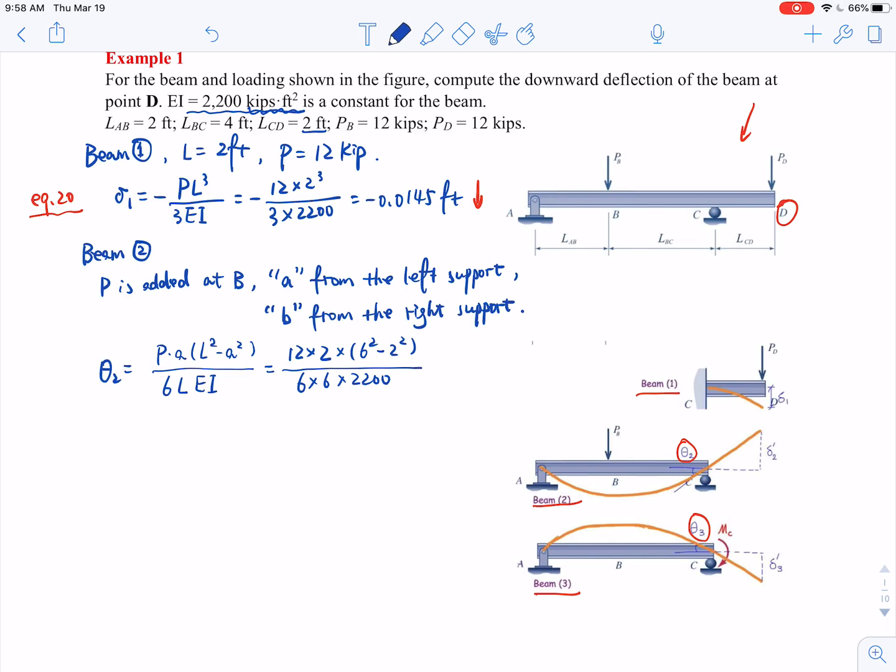The result will be a very small angle, 0.0097 radian.